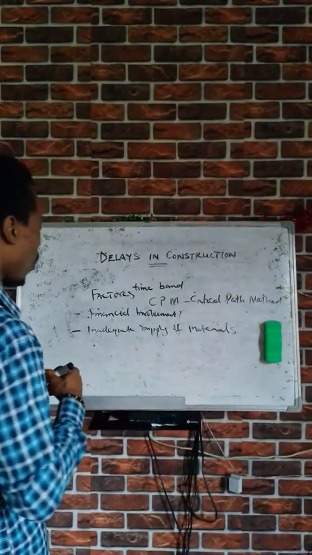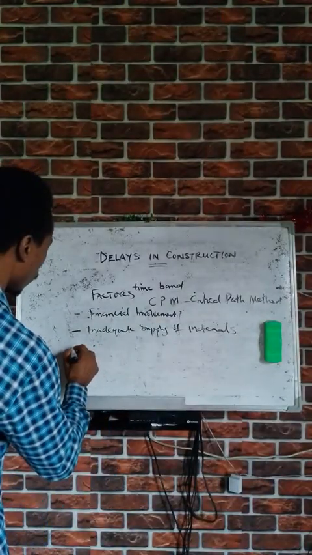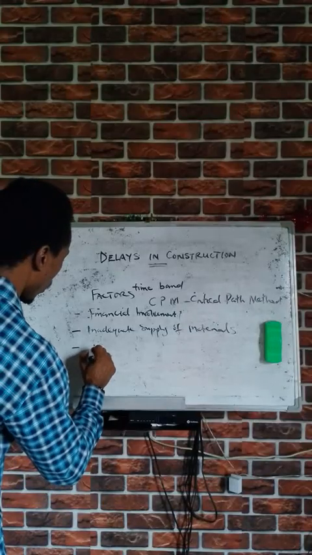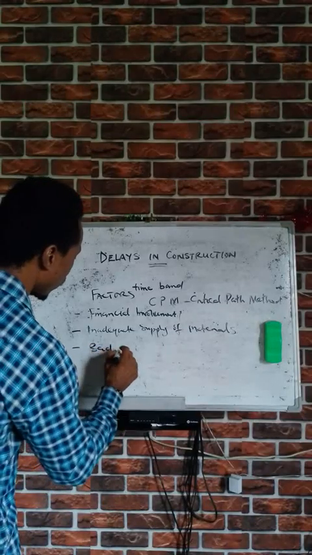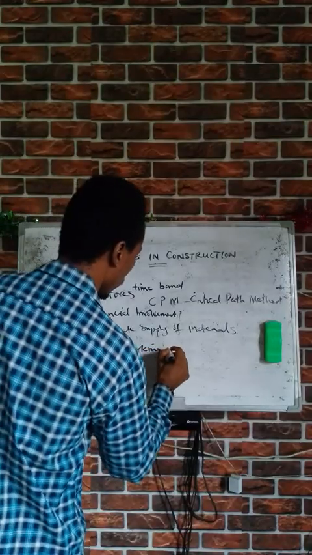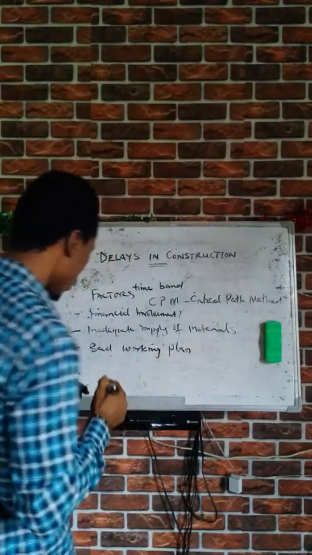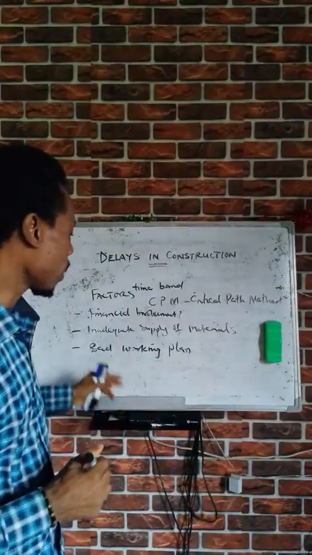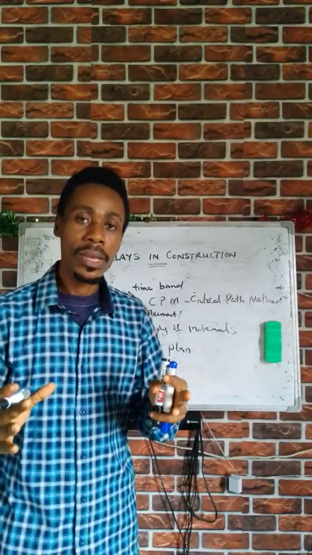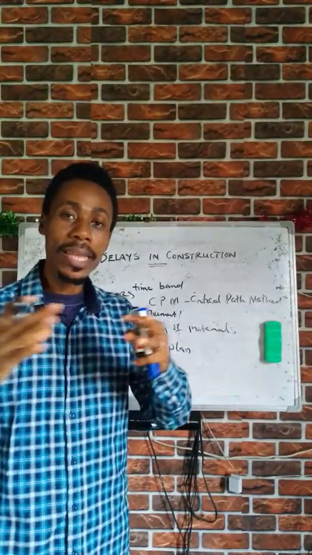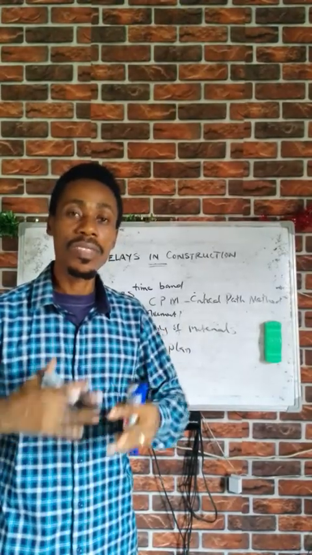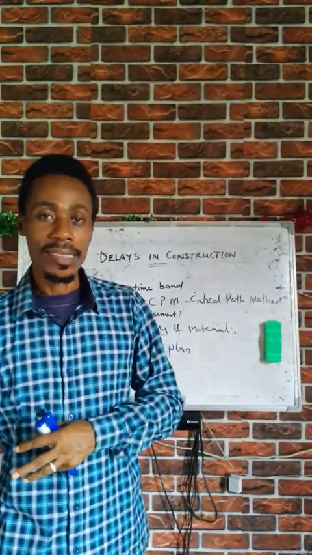All right, then I want to also draw our attention to bad working drawing, bad working plan. You see that when the plan is not properly read and properly designed, there will be discrepancies at site.